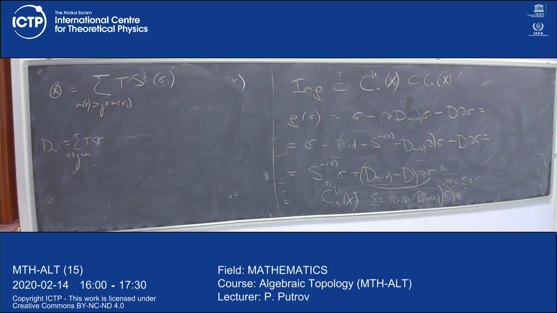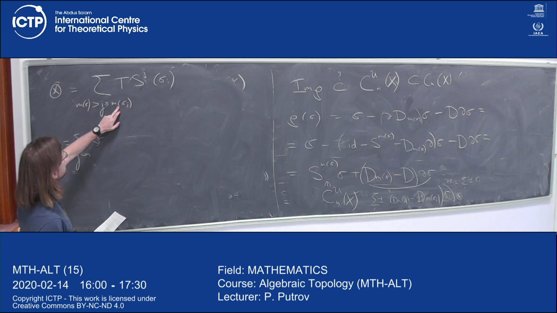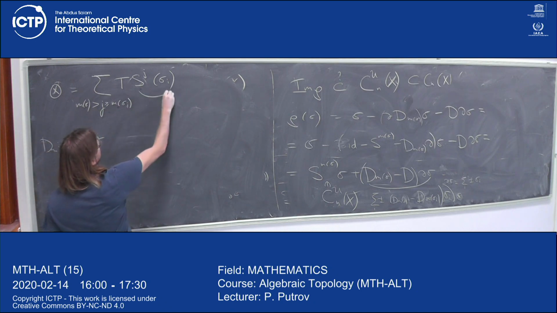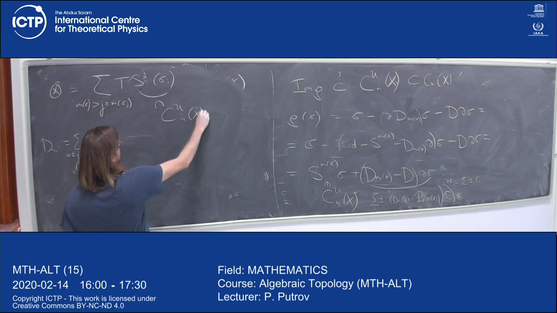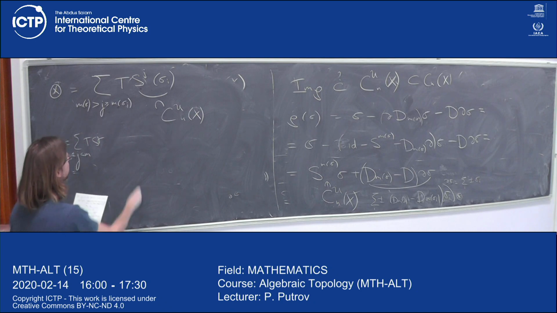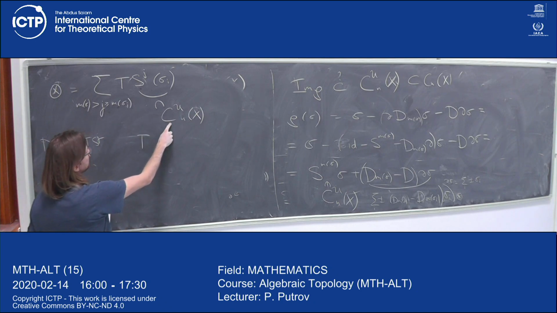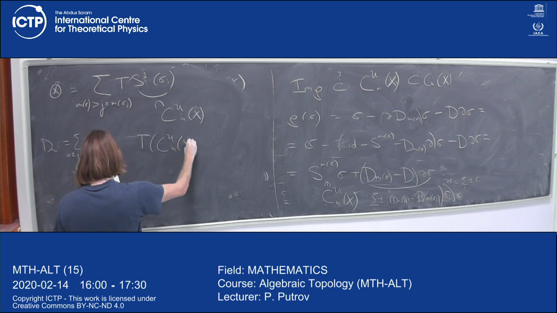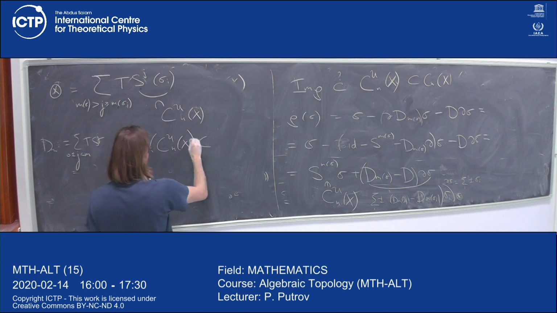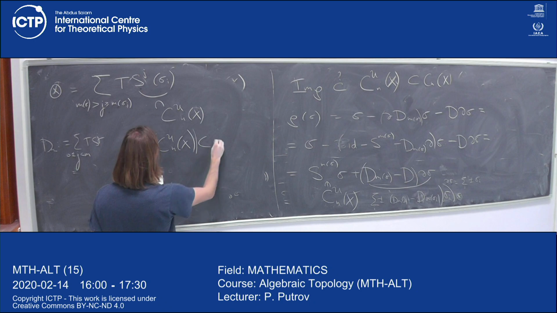Okay, and well, you can see that each of these guys, because this power is larger than this, is inside C_n^U(X), and we also know that this subgroup is preserved by the action of d. This is inside.